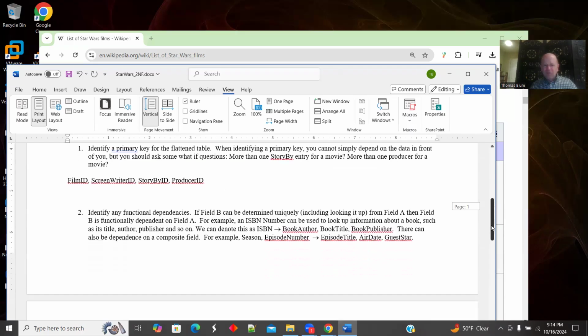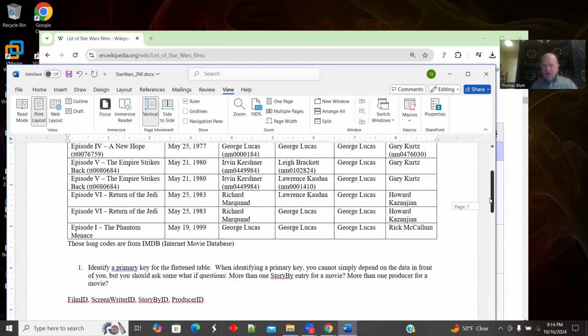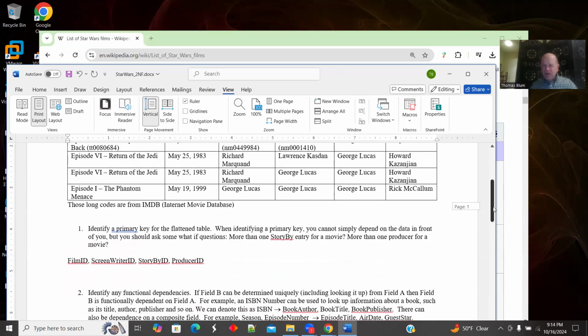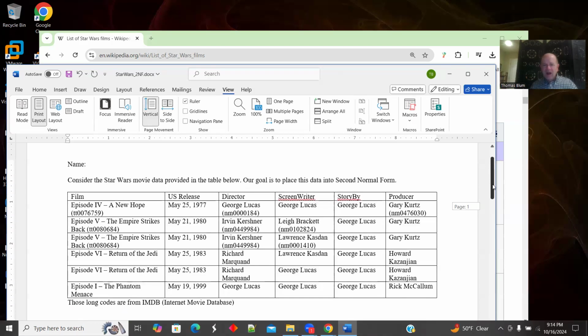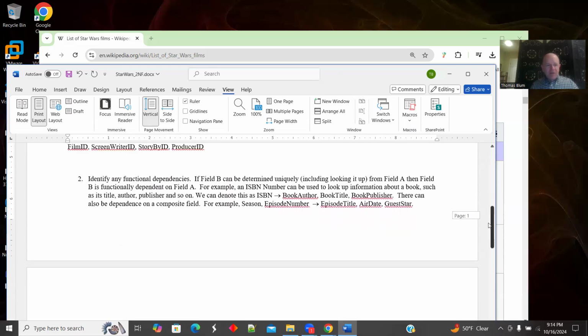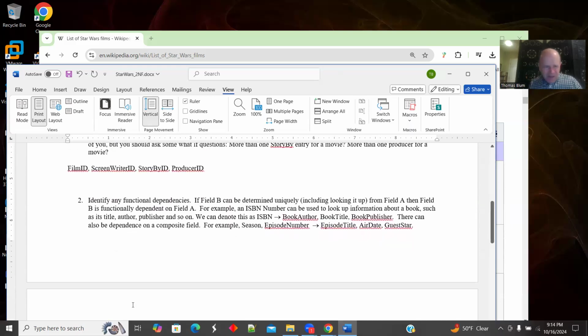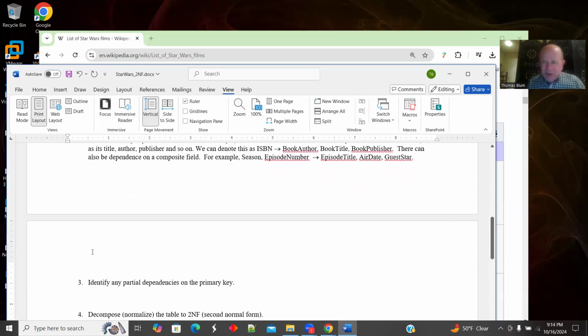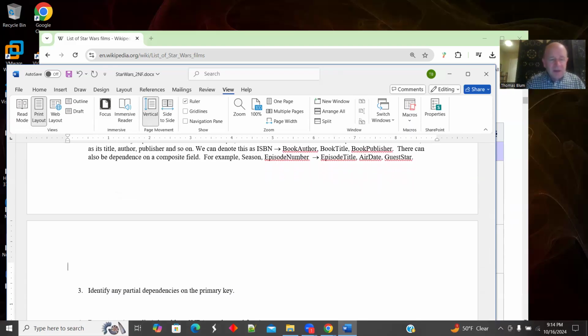Now I want to look for functional dependencies. Is there something that once I know this, I can determine other things? So the film ID, which I'm borrowing the idea from the IMDB, the Internet Movie Database, that there is a film ID. They have some number that's some letters and then some numbers.